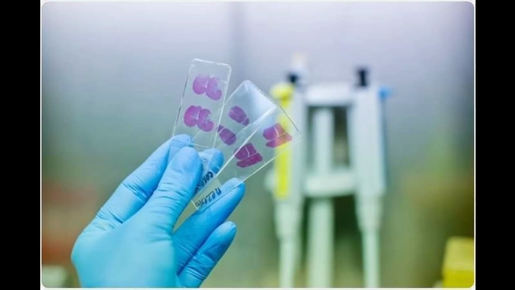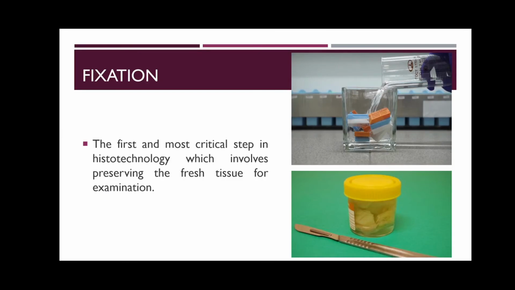Solid structures and tissues must be preserved and carefully processed in the following order. Let's start first with the first and most critical step in histotechnology involving the fixing, or otherwise known as the preserving of the fresh tissue for examination.